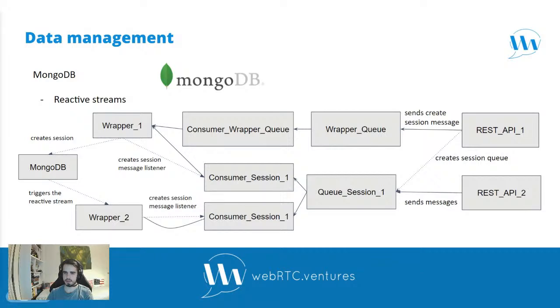So if we had two more wrappers here, it would trigger for all the wrappers, and that would create the session message listener for each wrapper. So we could have all wrappers consuming from the session queue. This allows us to process the requests with multiple wrappers. So future requests to that session queue would go through any of the consumers, through the message listeners we set.